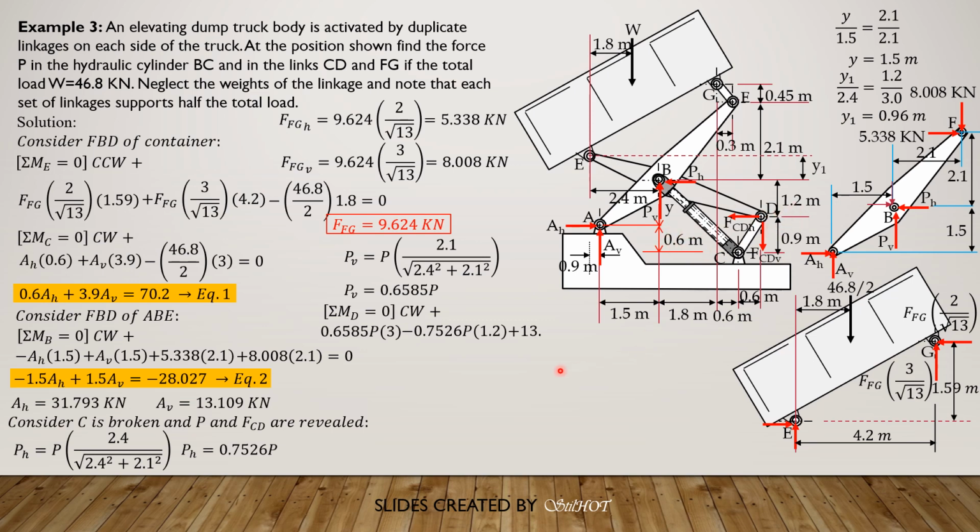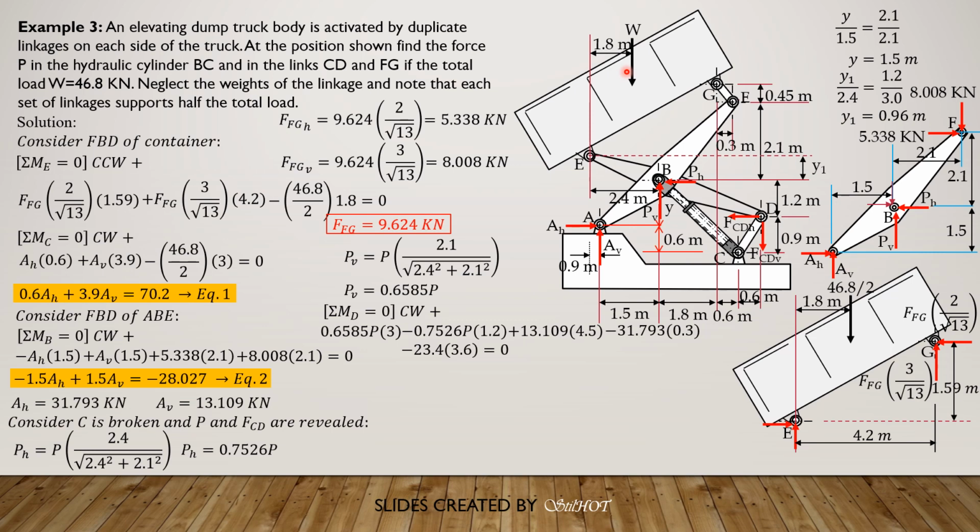So plus AV first, 13.109 times 3.3 plus 1.2 is 4.5. Then minus EH, 31.793 times 0.3. 0.9 minus 0.6 is 0.3. Then minus the moment of the weight over 2.